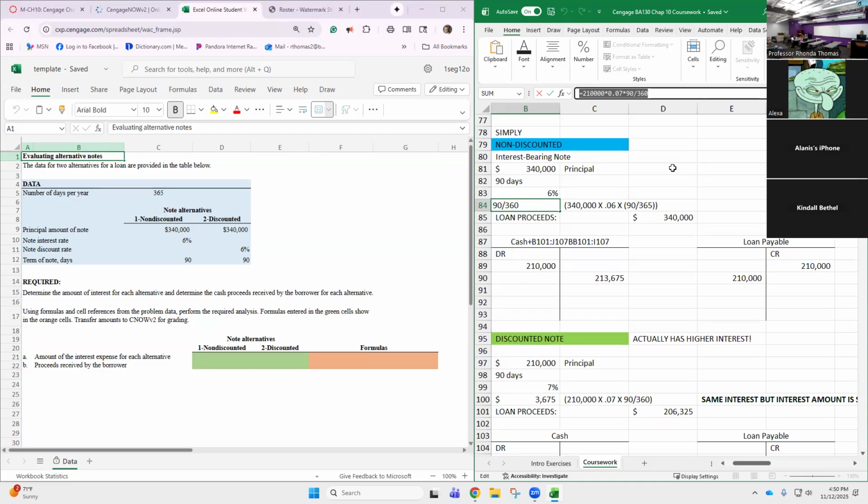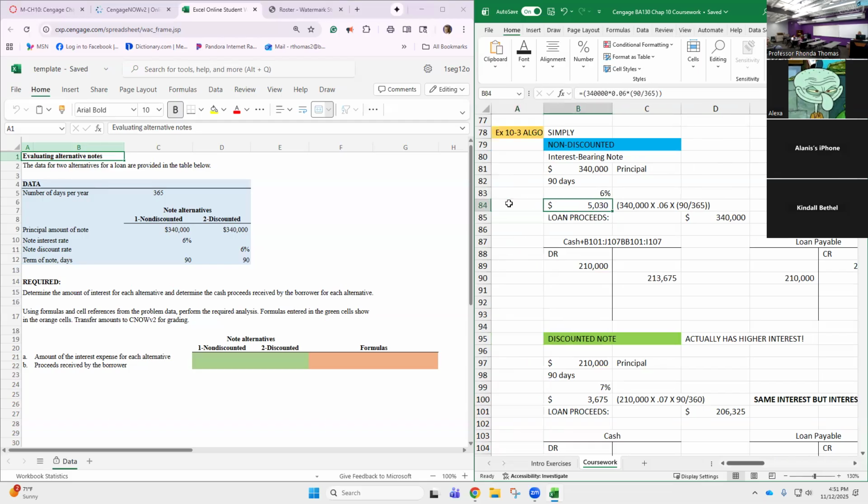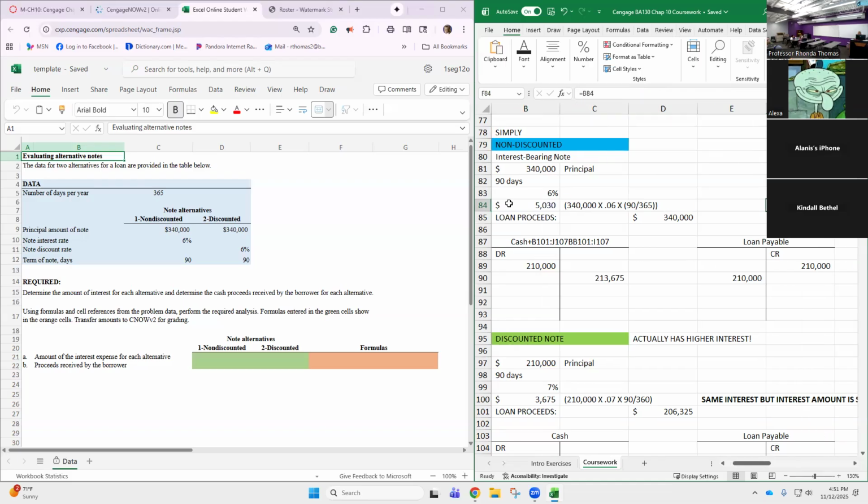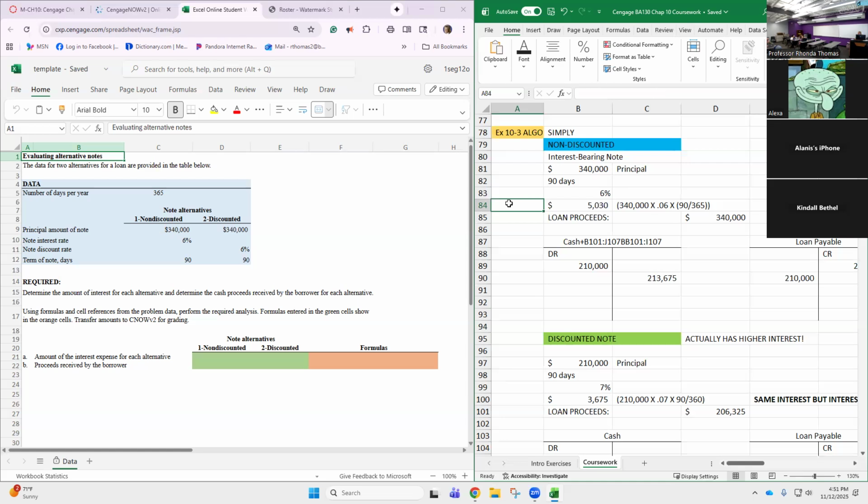Once again, equals, open parentheses, $340,000 note times 6% times, open parentheses again, 90 days divided by 365, close parentheses, close parentheses. So my interest on this interest-bearing note is $5,030.